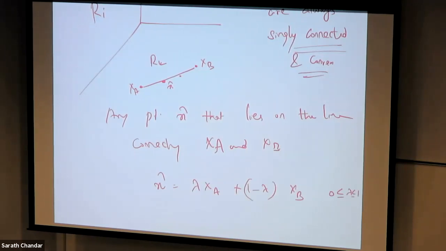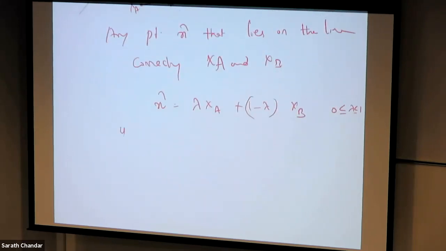So that is any point in between xa and xb. So now yk of x hat is going to be lambda times yk of xa plus 1 minus lambda times yk of xb.